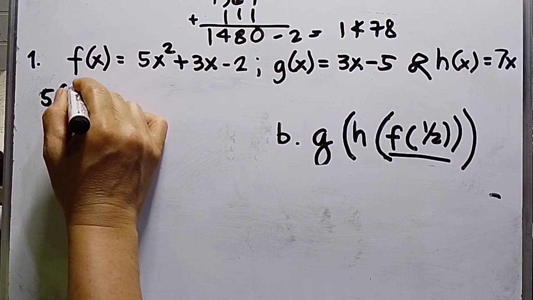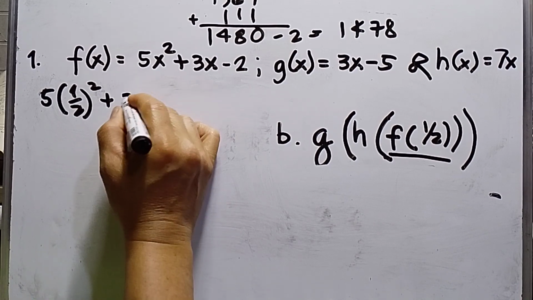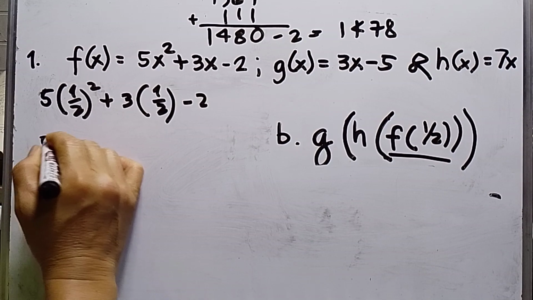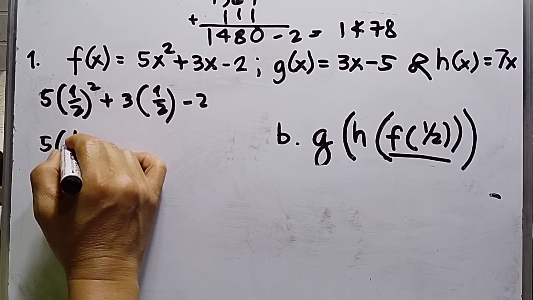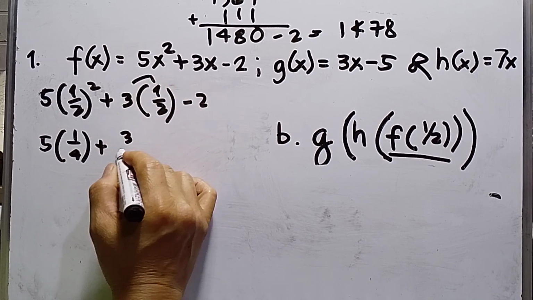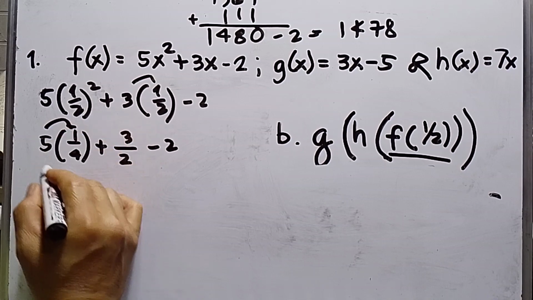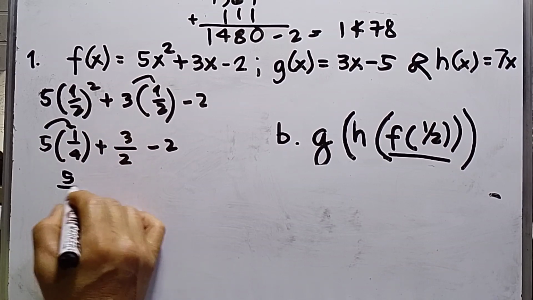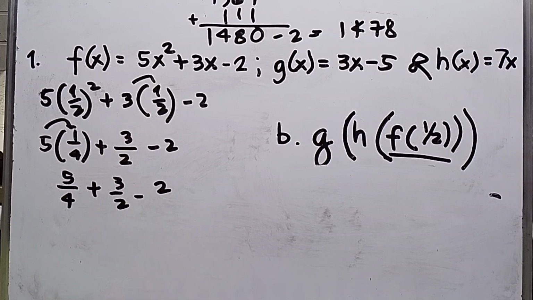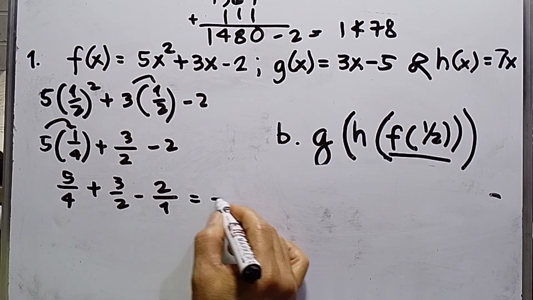5 times half squared plus 3 times half minus 2. So 5 times half squared will be 5 over 4, plus 3 over 2, minus 2. Since I don't have a denominator for 2, I will put 1, and then find the LCD.